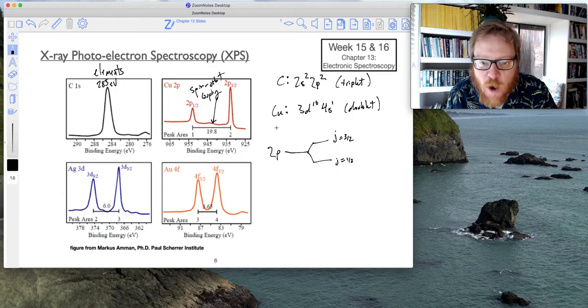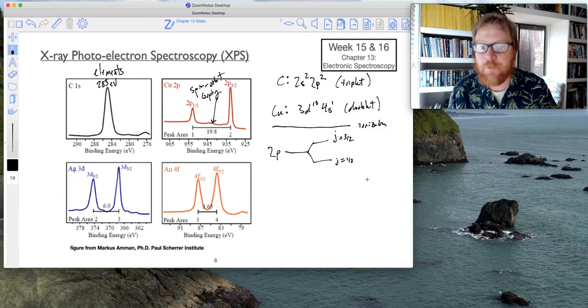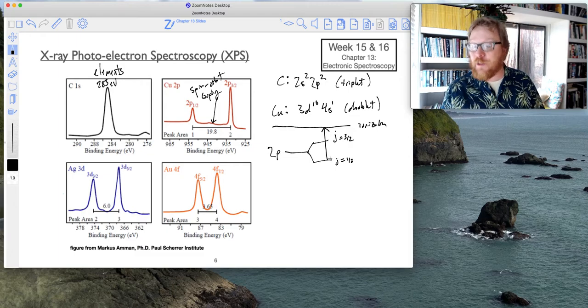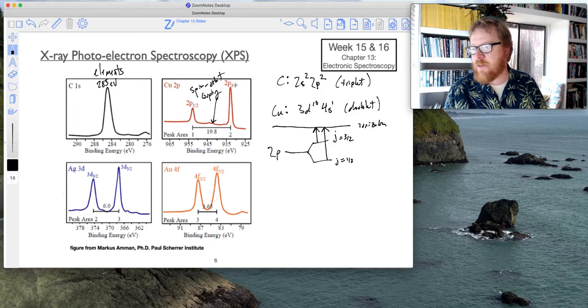In this diagram, ionization would be up here. You can see the spin down electron, the J 1/2, requires more energy to be ionized than the J 3/2. In XPS, we just put the J value next to that. That's how this nomenclature works.